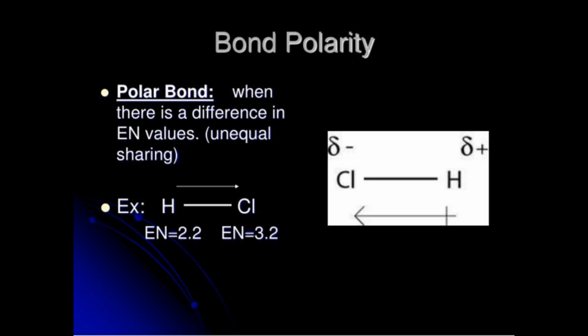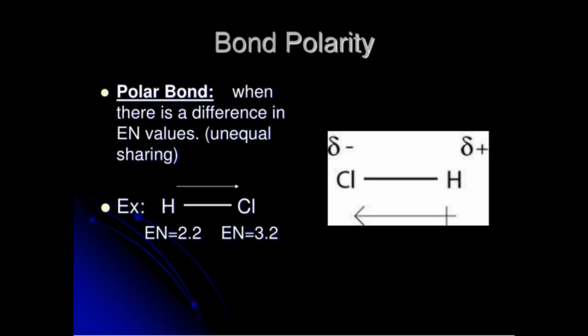For instance, hydrogen chloride is a polar bond because it has two poles, in the sense that hydrogen is positive and chlorine is negative. In this case, a polarity is established.